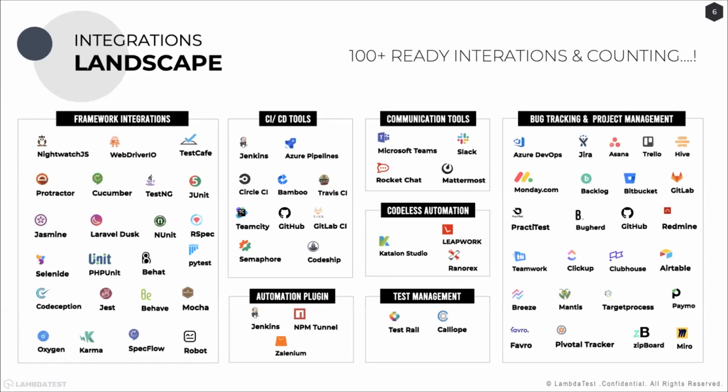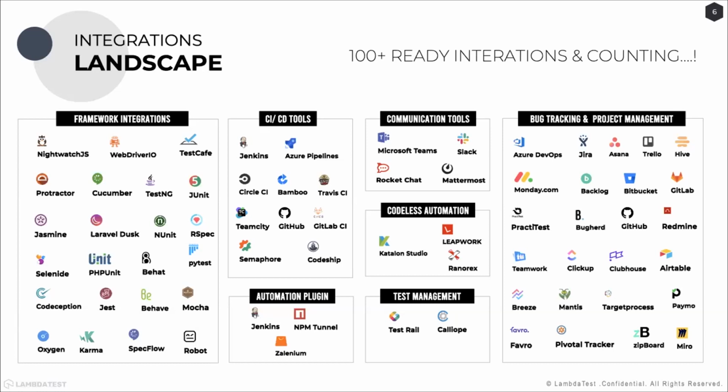We have framework-ready integrations, DevOps integration with CI/CD tools, automation plugin, and we also have integration with communication tools like Microsoft Teams, Slack, whatever you use in-house, you'll be able to integrate, and just with a single click, you'll be able to push your bugs into these communication tools. With the CI/CD, you can schedule your tests correctly.